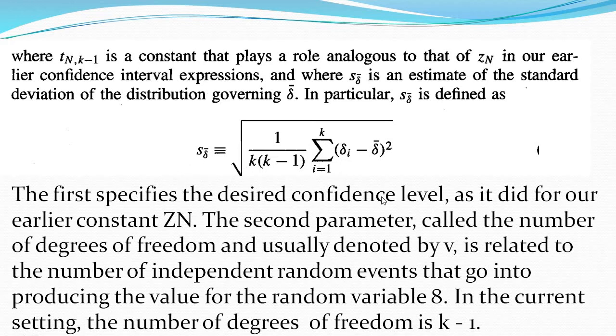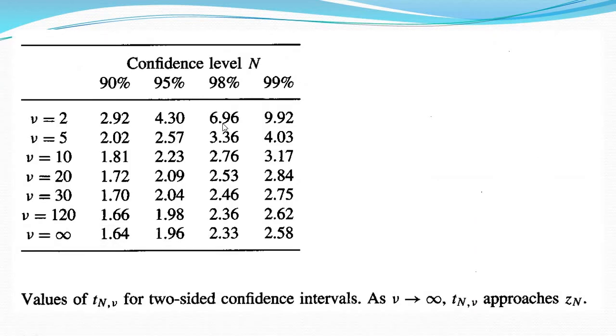First specify the desired confidence level, as we did for our earlier constant z(n). Here we are using t(n, k-1) as the constant. The second parameter is called the number of degrees of freedom, usually denoted by v. It is related to the number of independent random events that go into producing the random variable. So here we have to find the confidence interval.